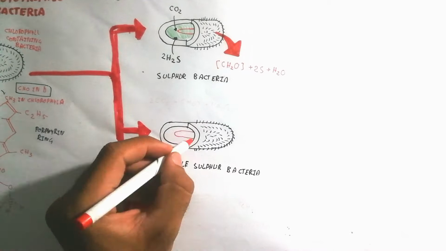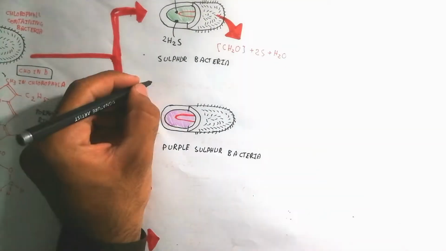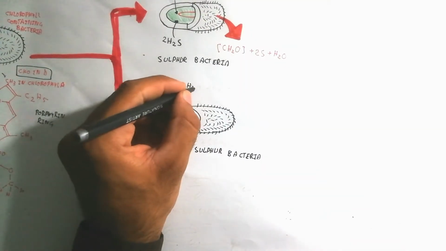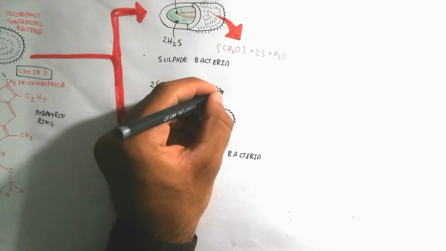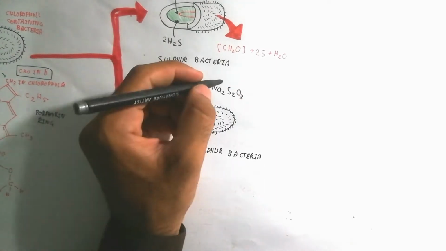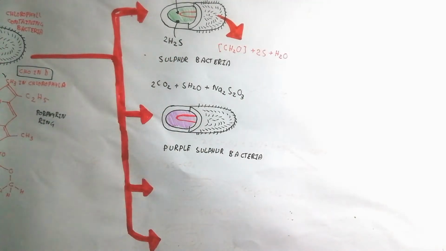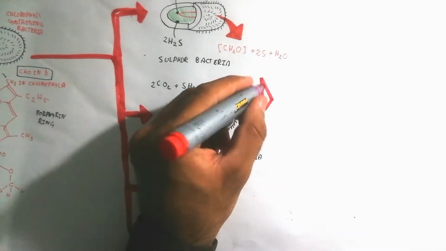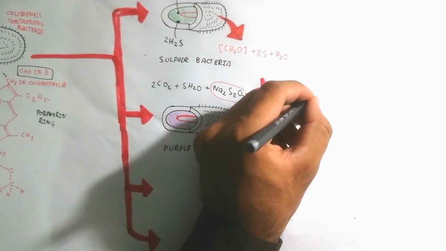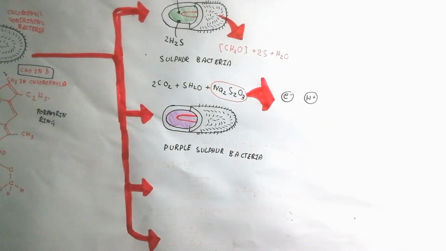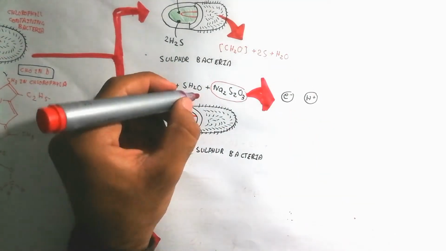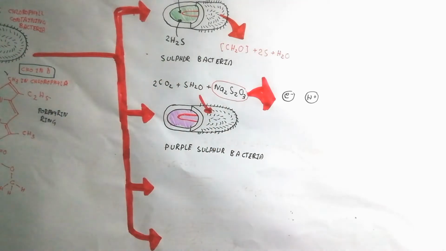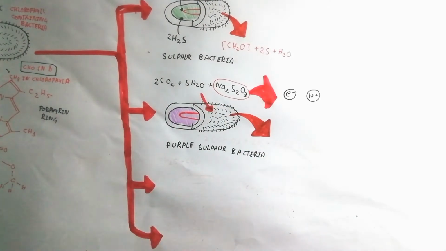Another bacteria is known as purple sulfur bacteria, which has a purple color in the cytoplasm. It uses carbon dioxide and water, and here is the sodium sulfur and oxygen compound, sodium thiosulfate, which is the source of electron and proton by using light.